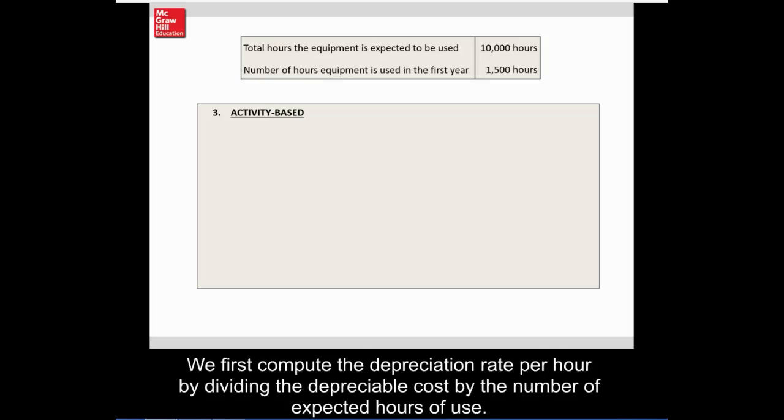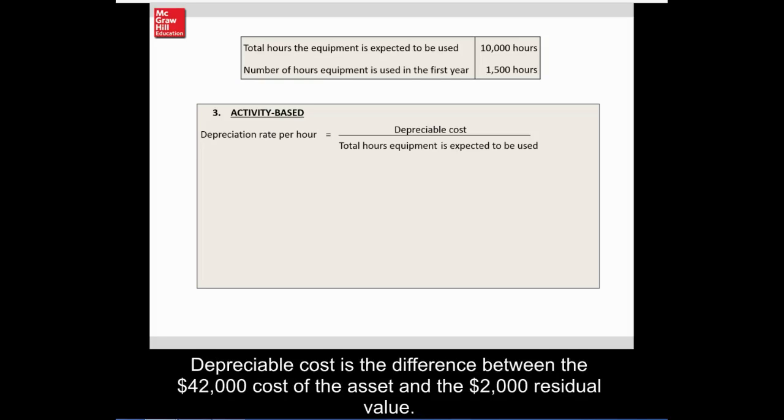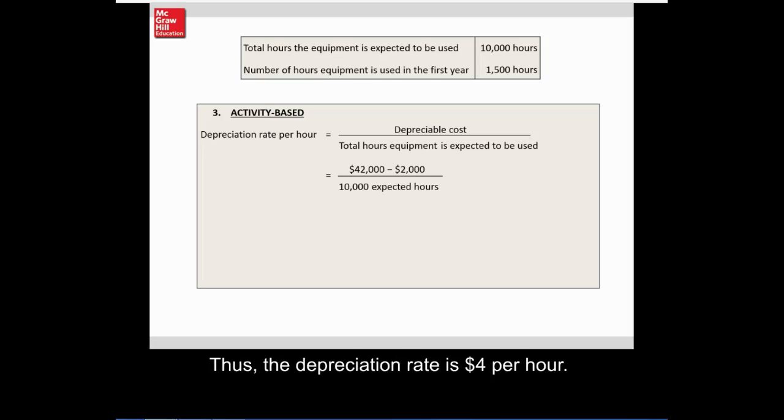We first compute the depreciation rate per hour by dividing the depreciable cost by the number of expected hours of use. Depreciable cost is the difference between the $42,000 cost of the asset and the $2,000 residual value. Thus, the depreciation rate is $4 per hour.